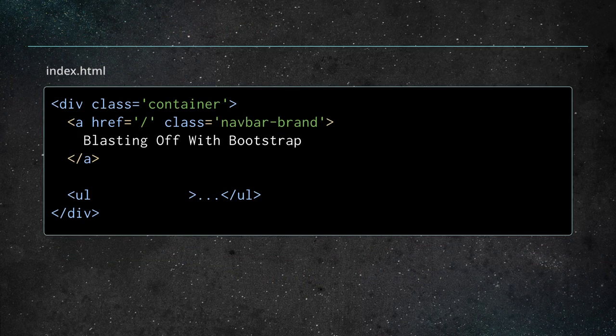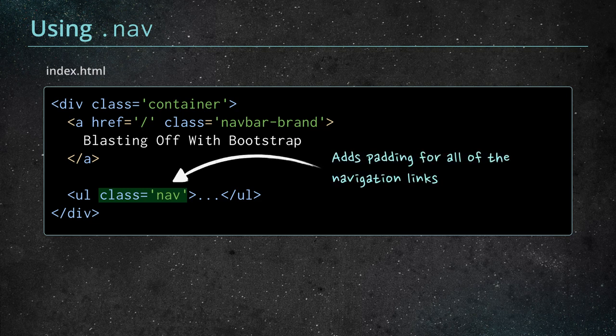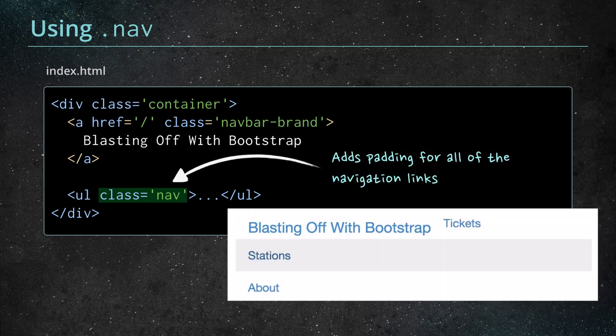One very easy change we can do is use Bootstrap's nav component by adding a class of nav to our UL element. This nav class specifies that the list items within this entire element are links, and then styles them accordingly. In our case, they will still appear next to our brand. You might ask why the beginning of our list is still appearing on the same line as our title.